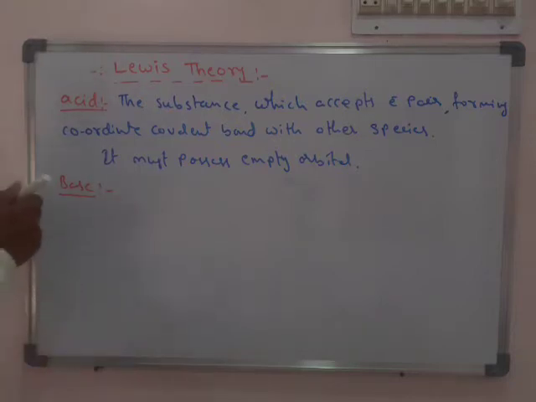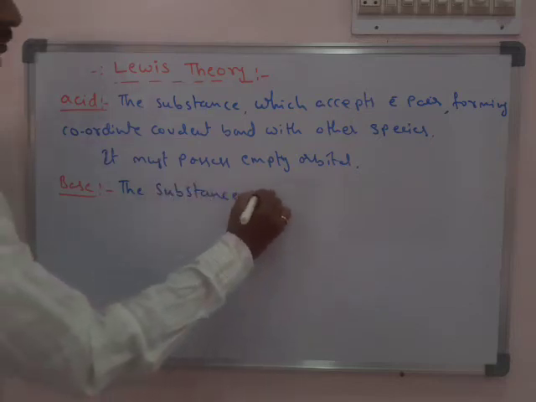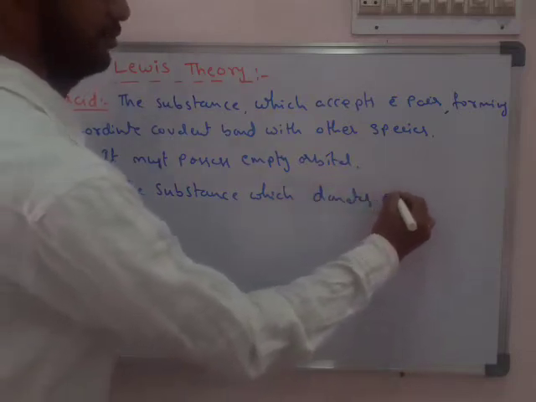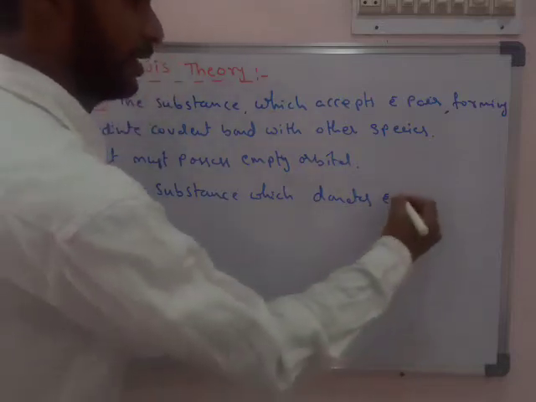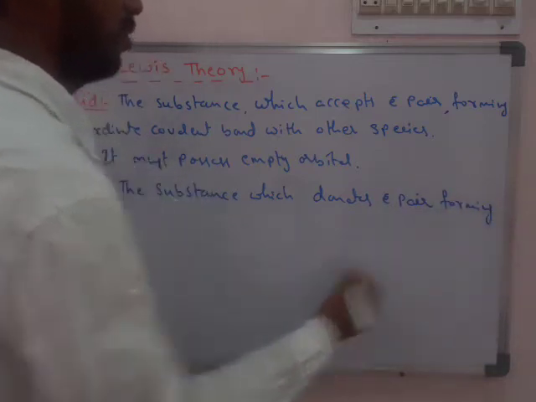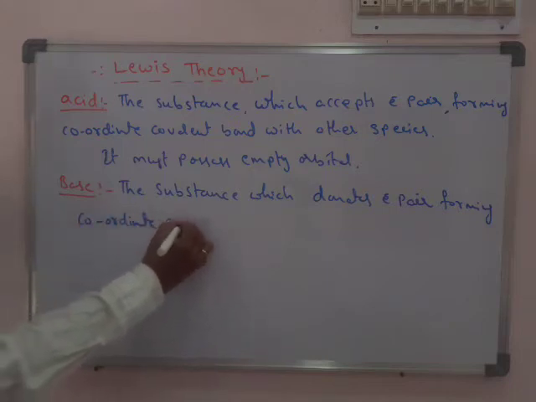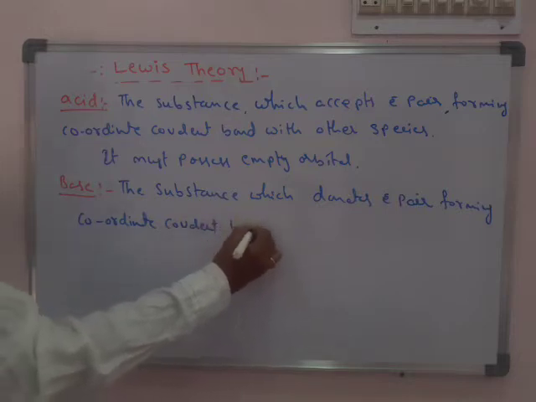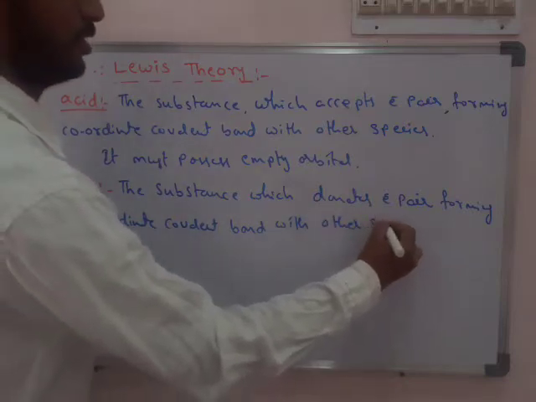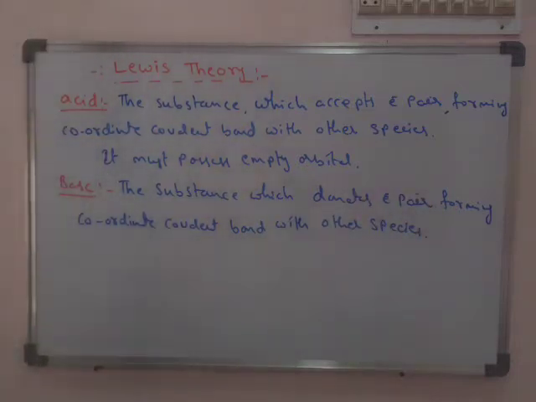The substance which can donate one electron pair or more than one electron pair, also forming a coordinate covalent bond with other species, is called a base according to Lewis theory.